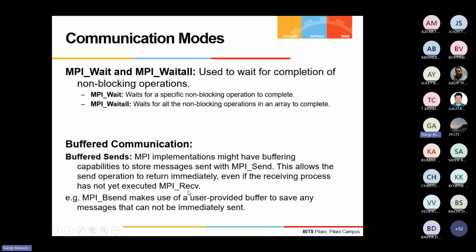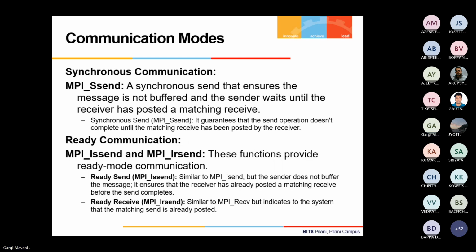There is also the MPI Bsend function, which uses buffering to store messages sent with MPI send. This will allow the operation to return immediately, even if the receiving process has not executed at all. And you also have MPI Ssend, which is synchronous communication.